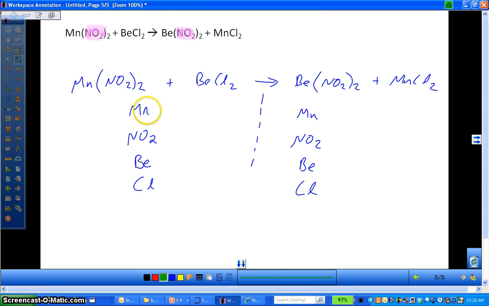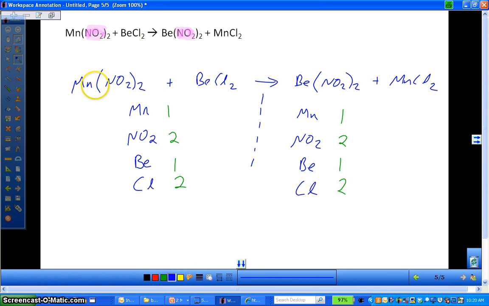All right, now we're going to count. Mn, we've got 1. NO2, we've got 2 of them. 2 outside the parentheses means 2 of what's in the parentheses. We've got 1 Be, we've got 2 Cl's. On this side we've got 1 Mn, we've got 2 NO2s, 1 Be and 2 Cl's.